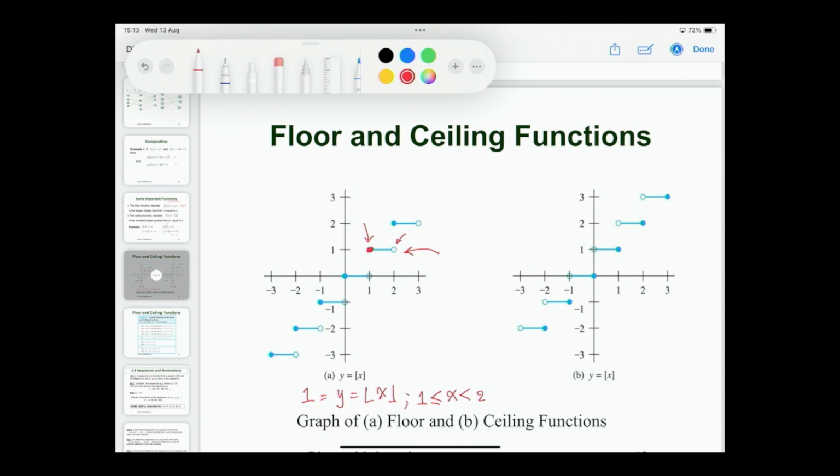This is the same in the other case here. So that's about the floor function.